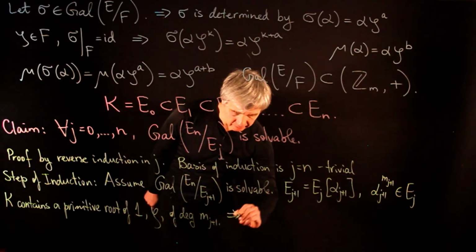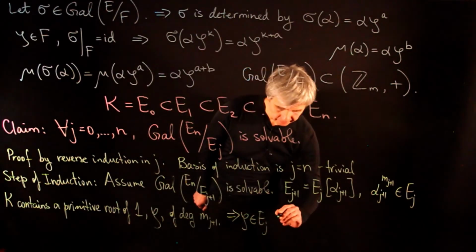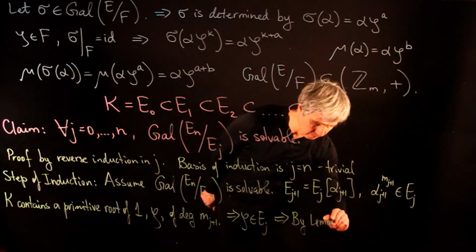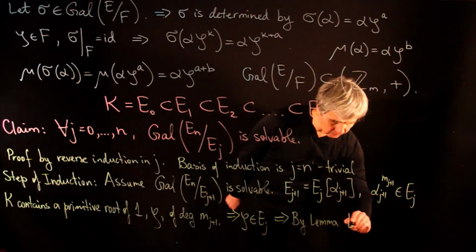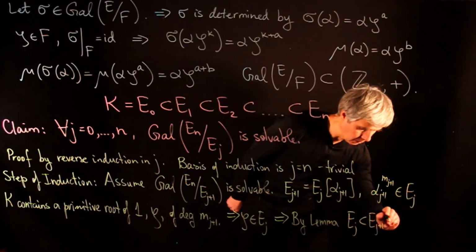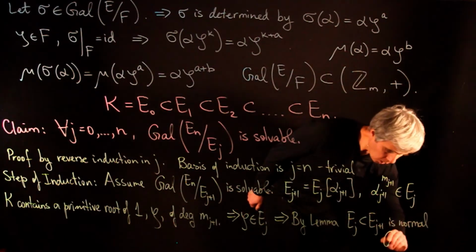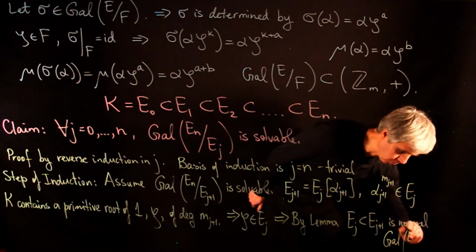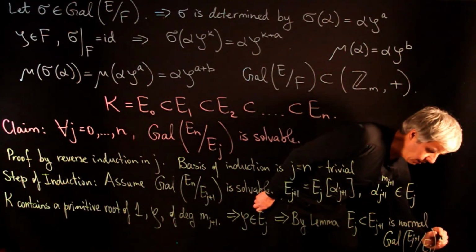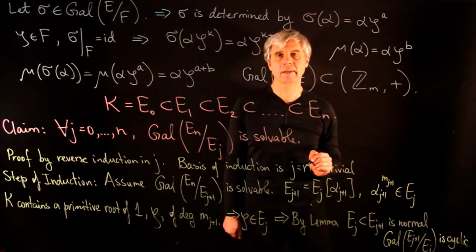And this implies that this zeta also belongs to Ej. And then by the lemma that we proved, the extension Ej plus 1 of Ej is normal, and the Galois group of Ej plus 1 over Ej is cyclic, since a subgroup of a cyclic group is cyclic.